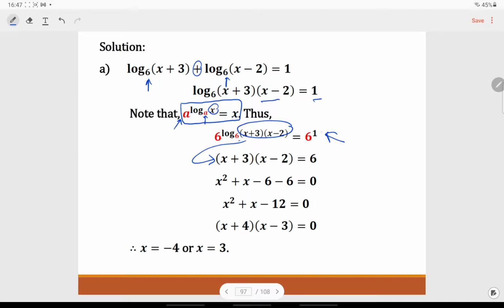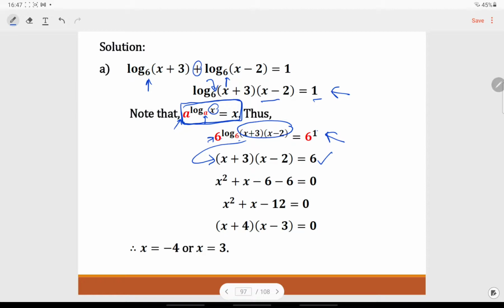On the other side, because we have 6 to the power of 1, it is equal to 6. Again, both sides become the power of 6. Why 6? Because our base here is 6, so we use 6 here because we want to use this property. That is why we choose 6.